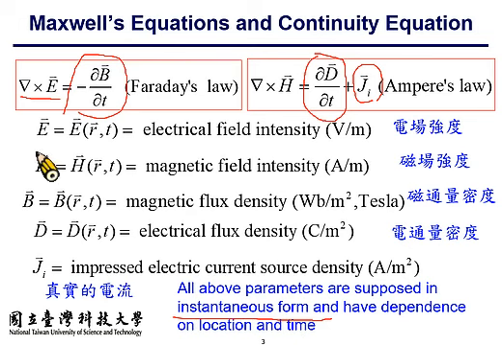Okay, so in a more complete expression of field intensity and flux density, all those field parameters should be in the form of space and time.